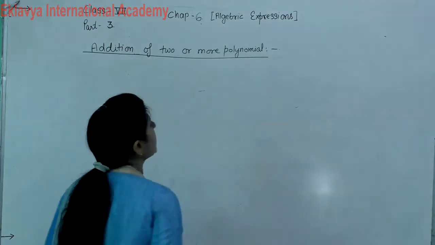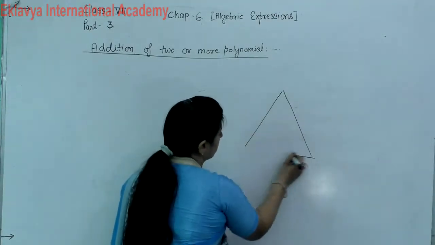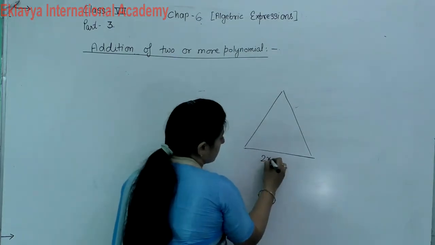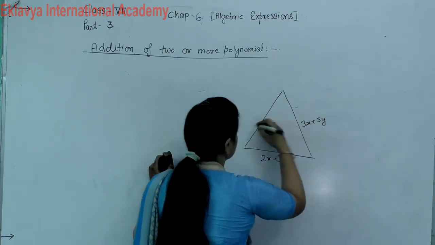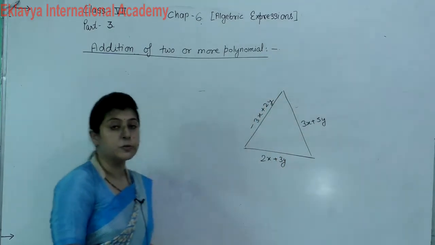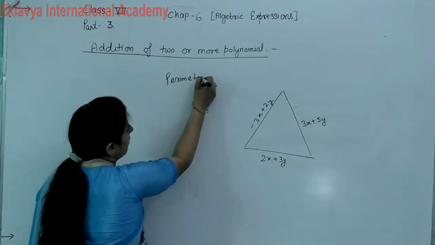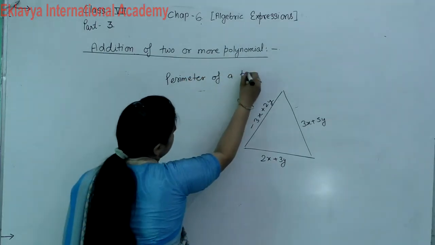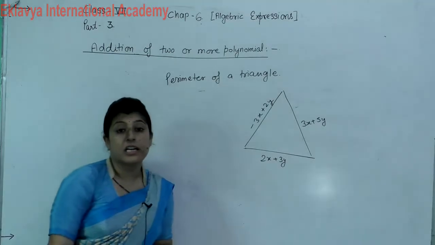Okay, if the question is related to perimeter, suppose a triangle is given to you. Your question is to find the perimeter of the triangle.